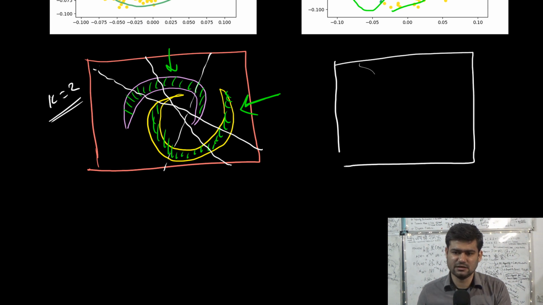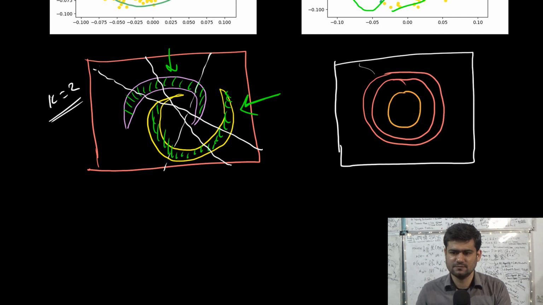Similarly, if we take another example where, let's say, the clusters are circular, so we have this one cluster and the other cluster is inside this circle. So cluster number 1 and we have cluster number 2.